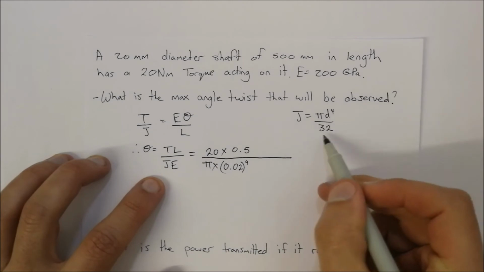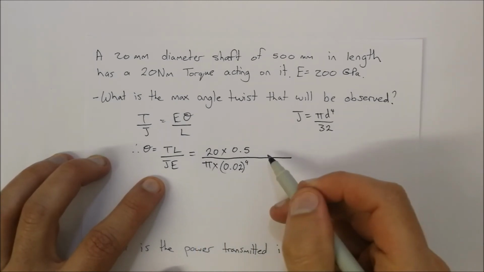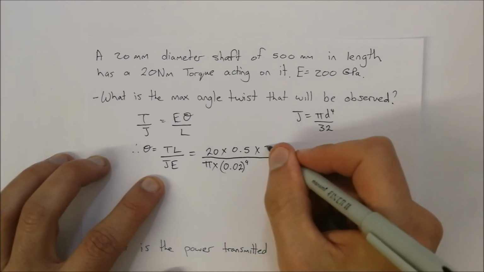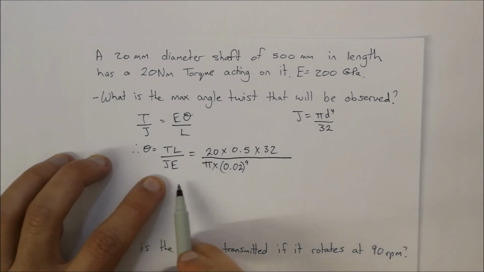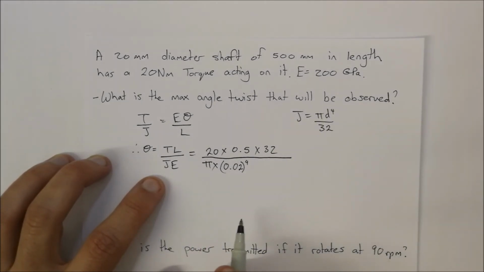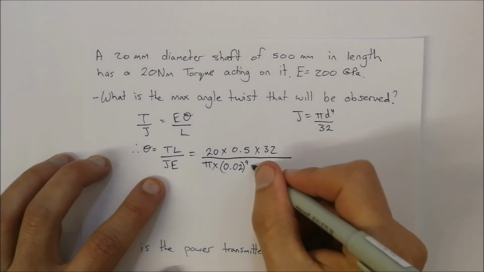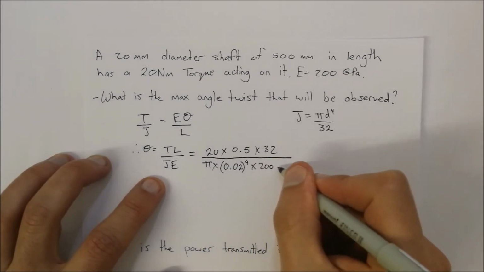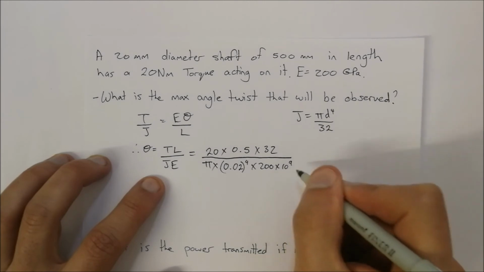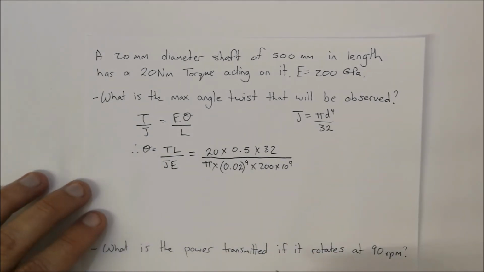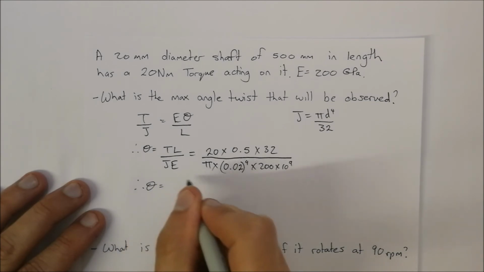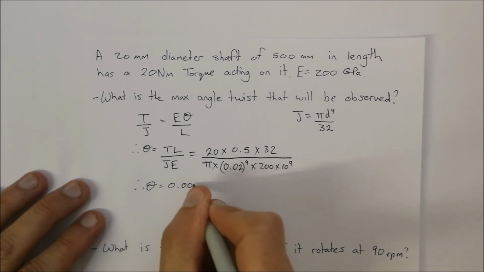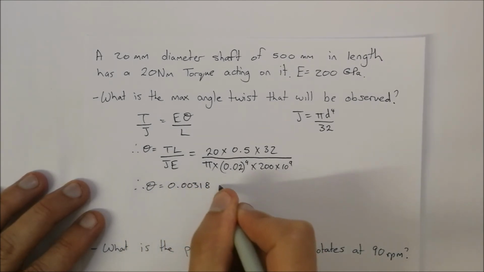And then that is also divided by 32, so that 32 would come to the top, multiplied by 32 over there. Then we've got E, and E we are told is 200 gigapascal, so that's multiplied by 200 times 10 to the 9. We calculate that, and we find that theta is equal to 0.00318 radians.